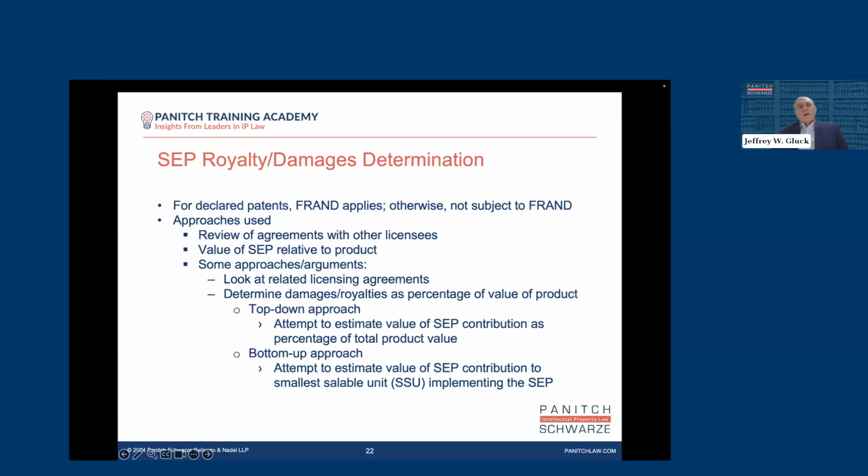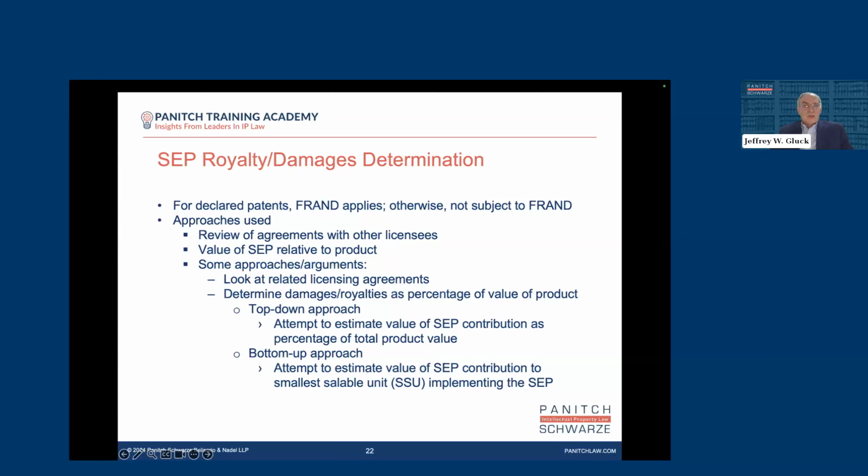So, for example, a chip that implements different protocols required by the standard may incorporate, again, hundreds of patents or more. And how do you apportion value among them? Suppose the chip costs 50 cents. How much is that patent worth in terms of the price of the chip?